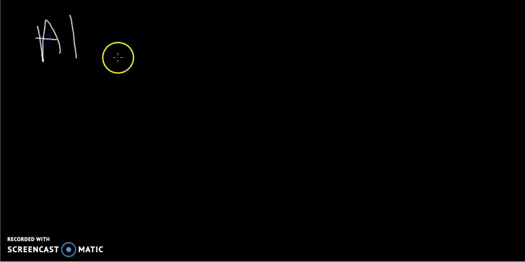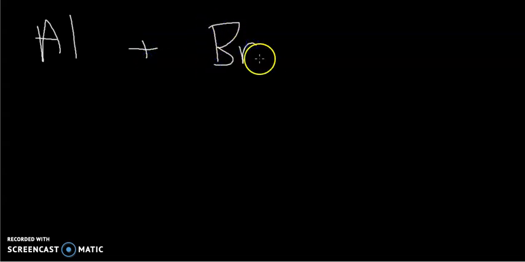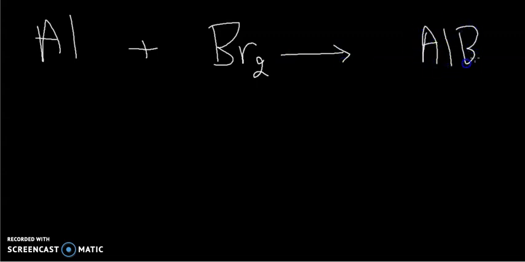So guys, another example of balancing chemical reactions. Let's take this one. Al, aluminum, plus bromine, Br2. It will give us aluminum bromide, AlBr3. So this is the given.